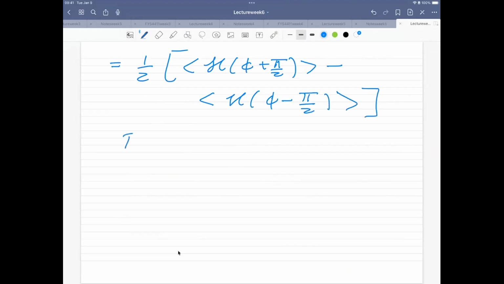And this is normally what is called the parameter shift rule. So that gives us a recipe for calculating the gradients.